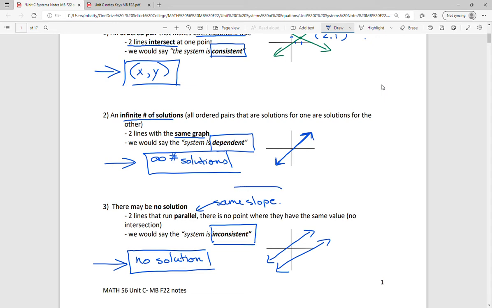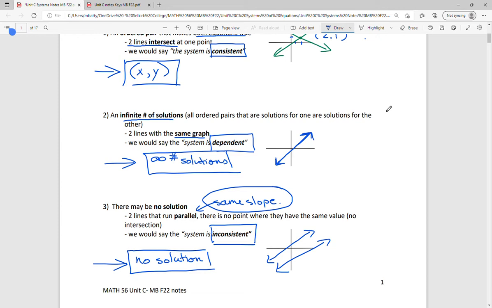What they do share is the same slope. They run parallel to each other, and so those two lines are never going to intersect. There is going to be no solution to that system that actually satisfies both equations at the same time. So these are the three conceptual options for systems of linear equations or linear relations.